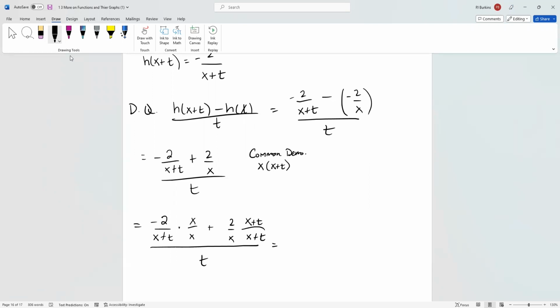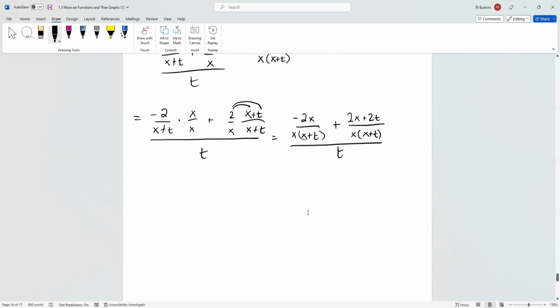All right. Now I need to distribute that 2 here. I have minus 2x over x plus t times x plus 2x plus 2t all over x times x plus t, all divided by t.